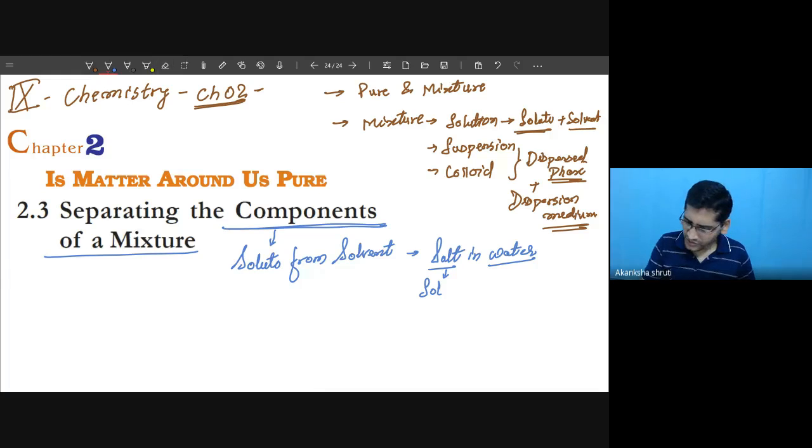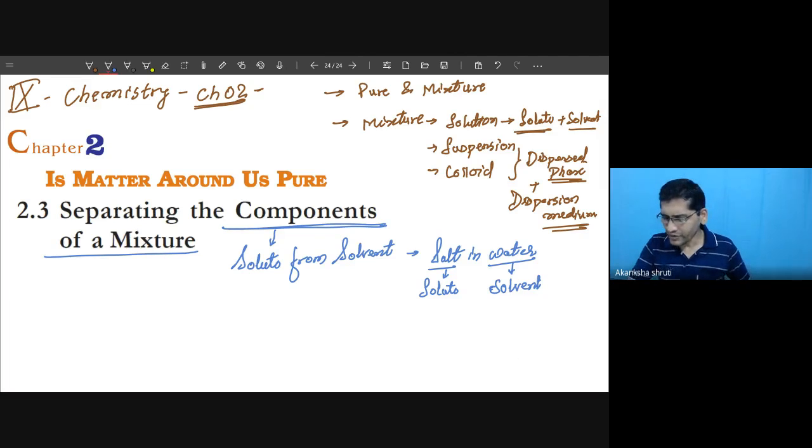So how to separate this solute from the solvent? Salt is the solute and water is the solvent. Which technique we shall use, those things we have to learn.